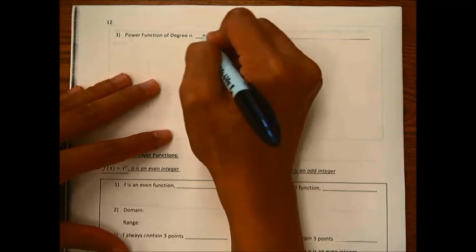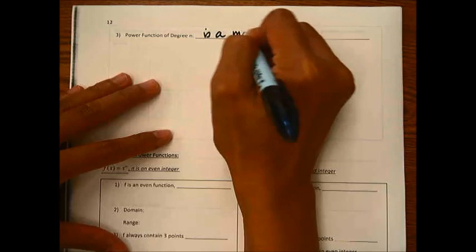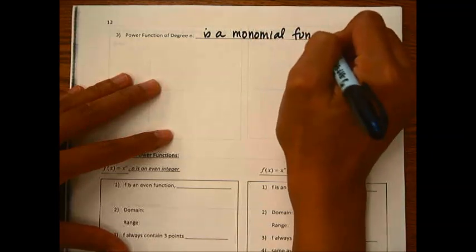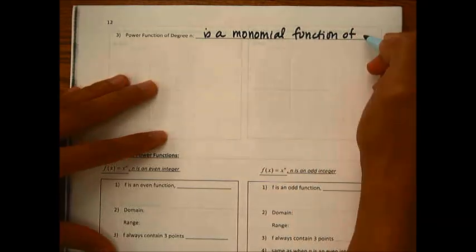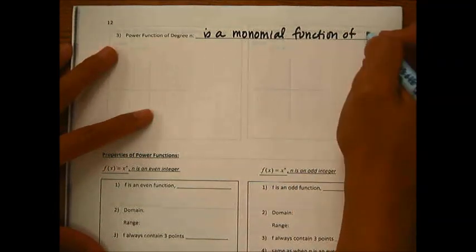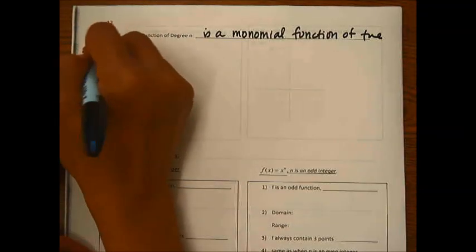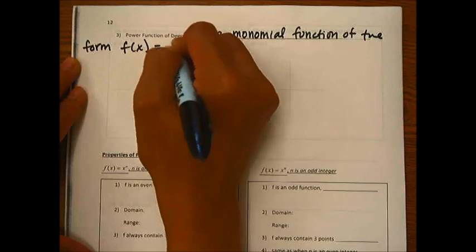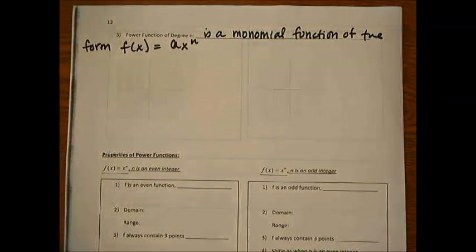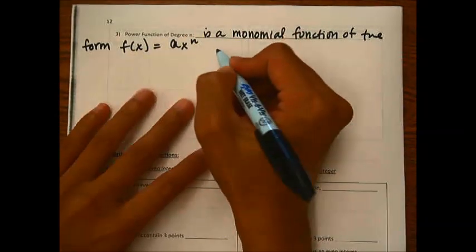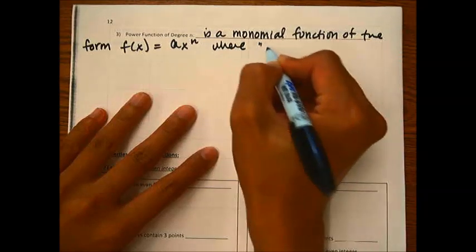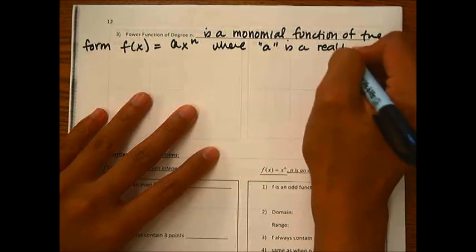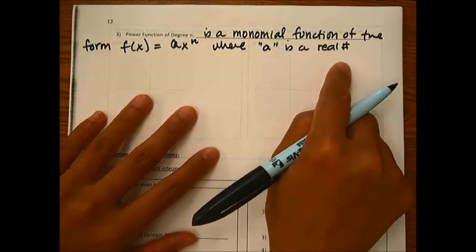So a power function of degree n is a monomial function of the form f of x equals a times x to the power of n, where your a term is a real number, just like the definition of a polynomial.